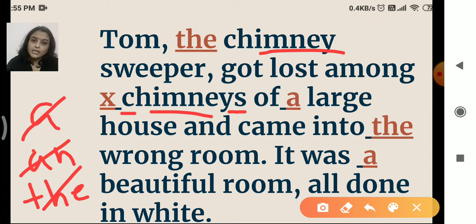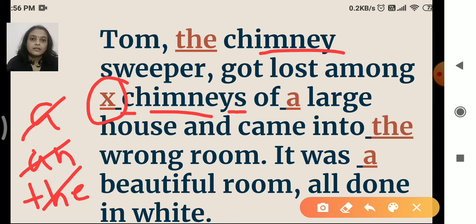C is not a vowel, so an will not come. And the will also not come because we are introducing the word chimney for the first time, and we are not talking about any particular chimney. Followed? So here we have put a cross. Got it? So let's move ahead.